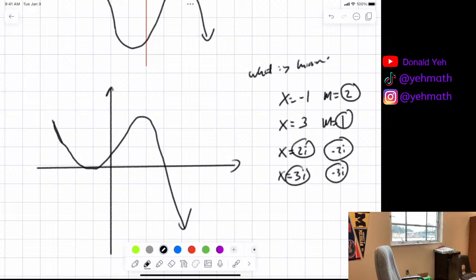And then you want to plug it in, and then that's when you bring down. Try to do it so you put this X in here first.